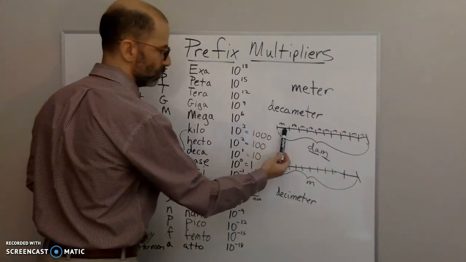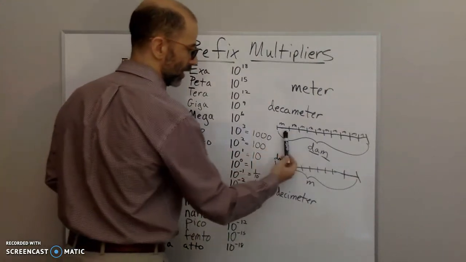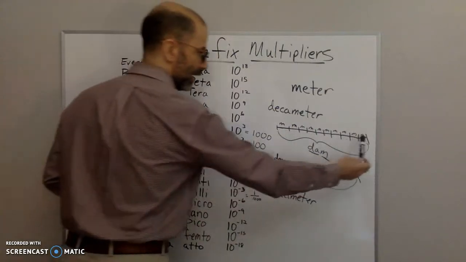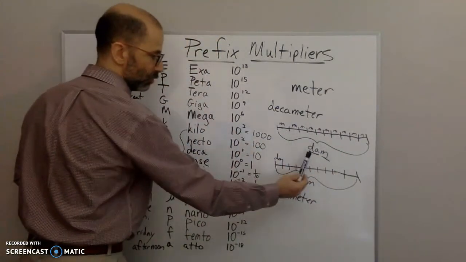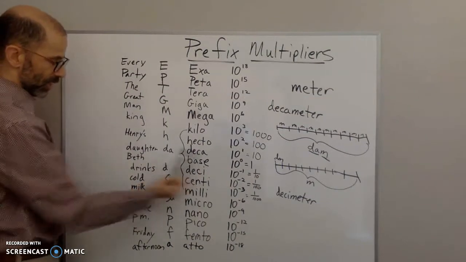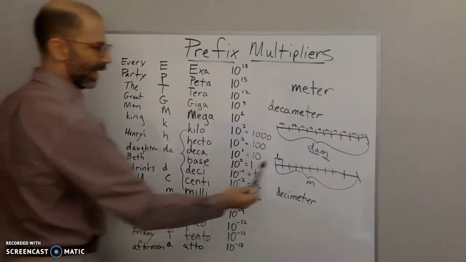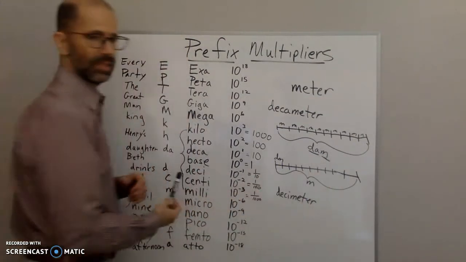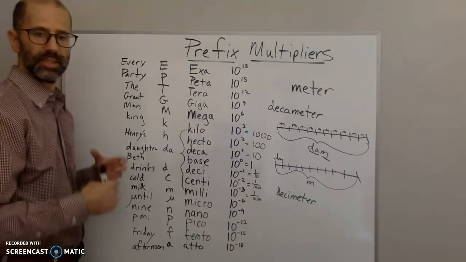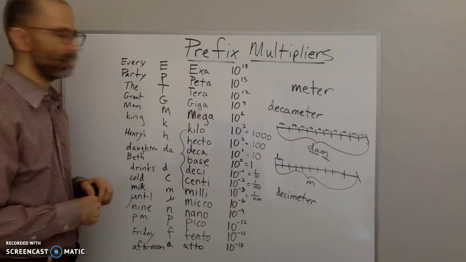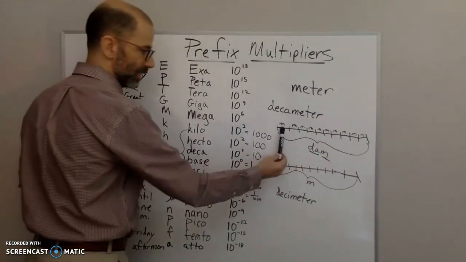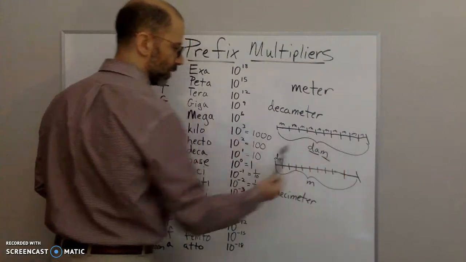So if I multiply 1 meter by 10, then I get this length here, and that's going to be my decameter. And you'll notice here, DA is the abbreviation for deca, and a small m is the symbol for meter, so DAM is the shorthand abbreviation for decameter. So I have 1 decameter. 1 decameter is 10 base units, 10 meters.